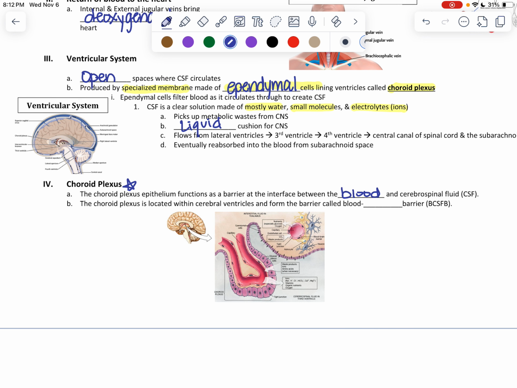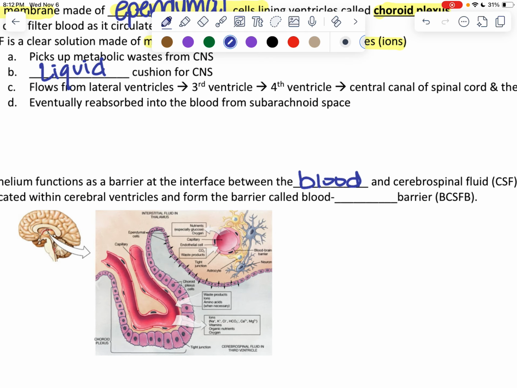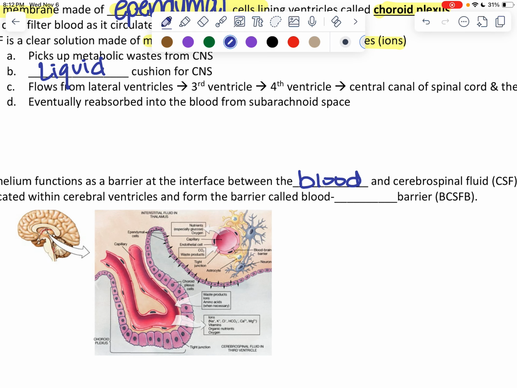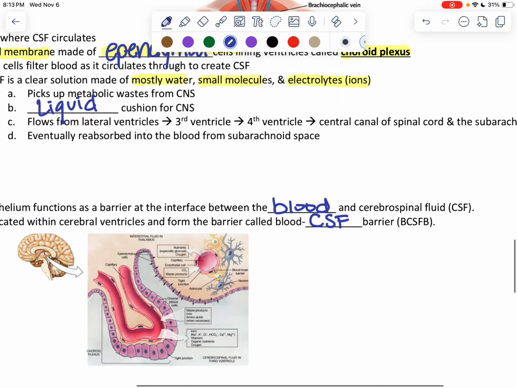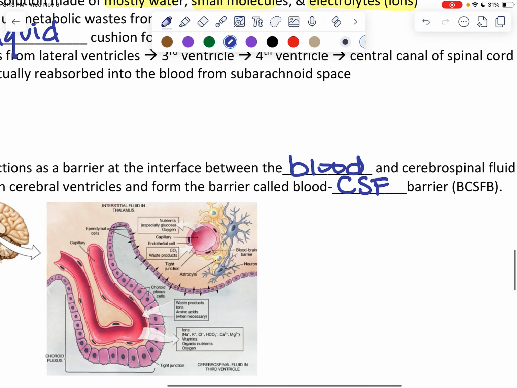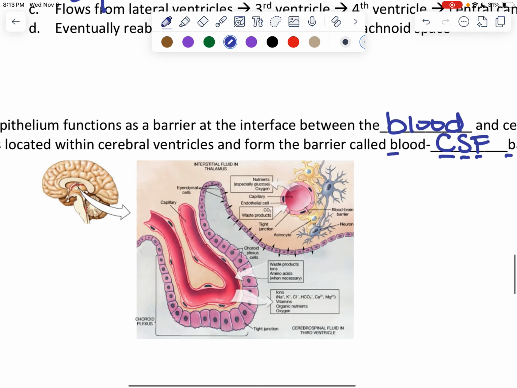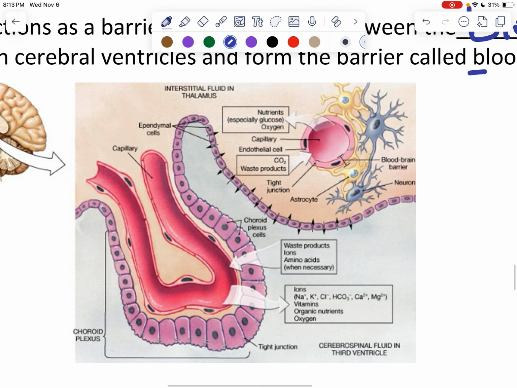The choroid plexus is located within those cerebral ventricles and forms the barrier called the blood cerebrospinal fluid barrier, or blood-brain barrier, I think people have called it. So that's what BCSFB stands for.